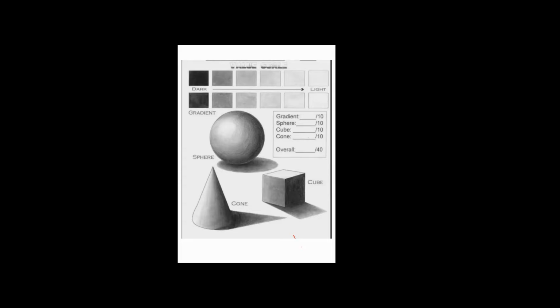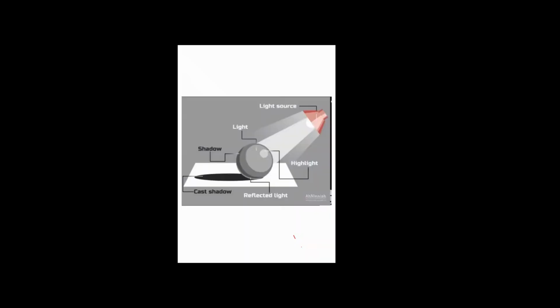Tones play a very important role in creating three dimensions. Here you can see the sphere, cone, and cube treated three dimensionally using various middle tones. This is the way it is represented when we are treating an object. We can see the direct light, the light source.